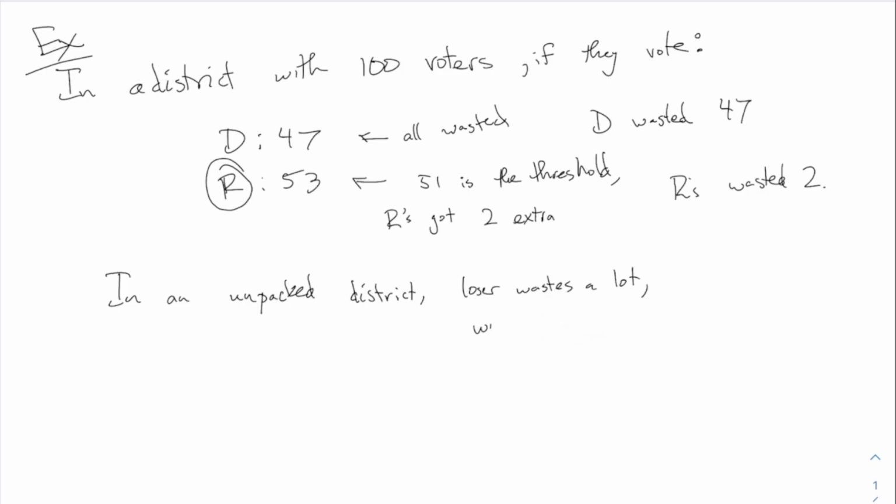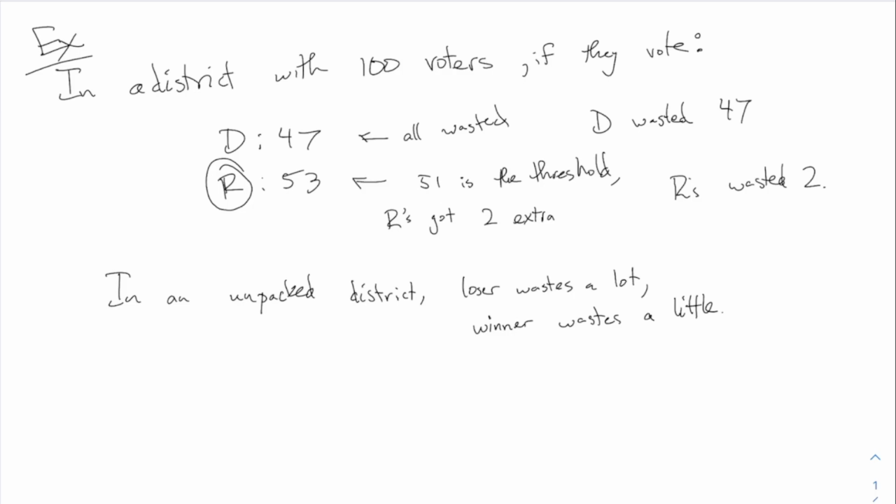And the winner wastes a little. That's just how it works out with the numbers. Every vote for the loser is wasted, and that's typically a lot in an evenly packed district. In an unpacked district, these are evenly distributed, more or less, 47 to 53.